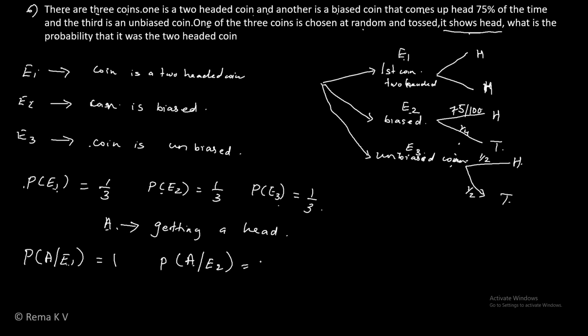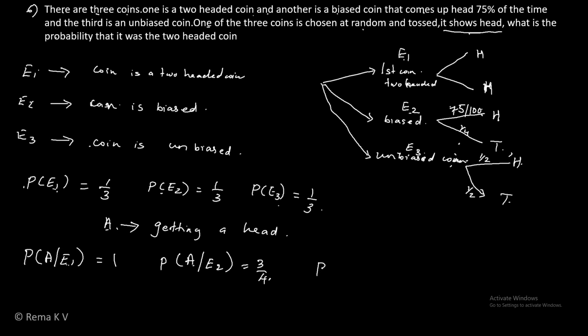It is given as 3 by 4. See, here it is given as 75% of the time head occurs. 75% means 75 by 100, which is equal to 3 by 4. So its probability, A given E2, is 3 by 4.